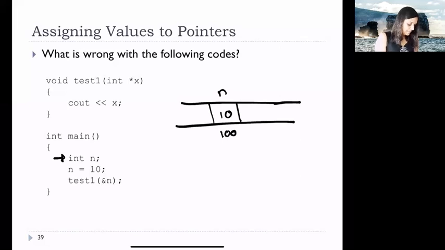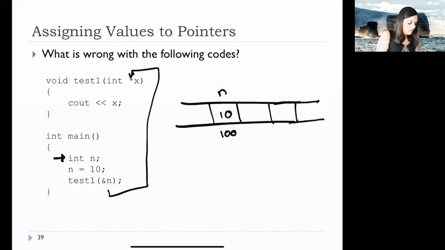So we are passing 100 to this function test1, and this x will be stored at another memory location when we pass it, because we are passing the address to that pointer, and that is storing the address of this variable n.